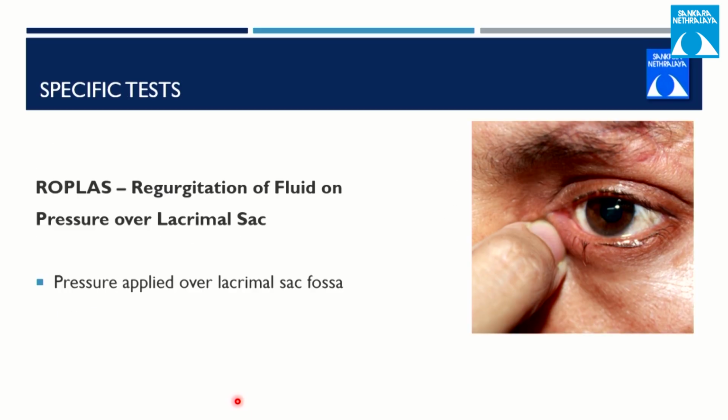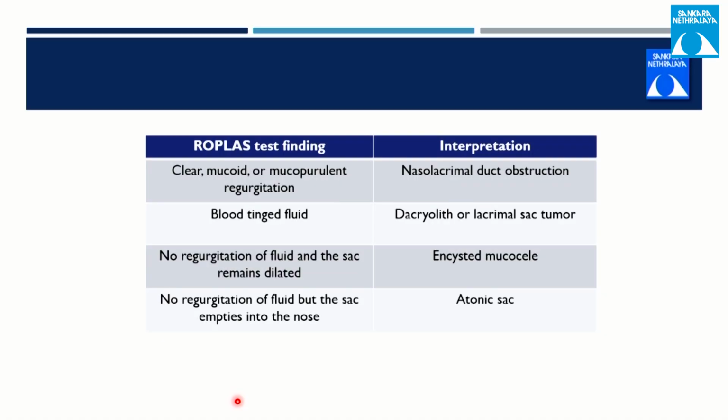Now we come to the specific tests. Now ROPLAS, that is a regurgitation of fluid on pressure over the lacrimal sac. In this, we apply pressure over the lacrimal sac fossa. So we get different findings. If we get a clear mucoid or a mucopurulent regurgitation, we could interpret it as a nasolacrimal duct obstruction.